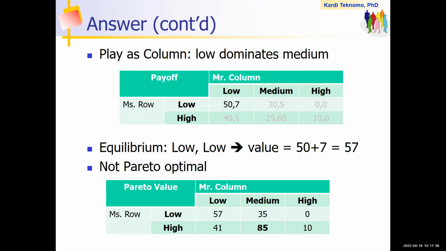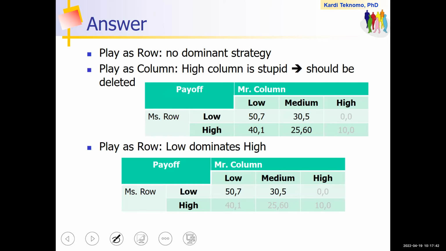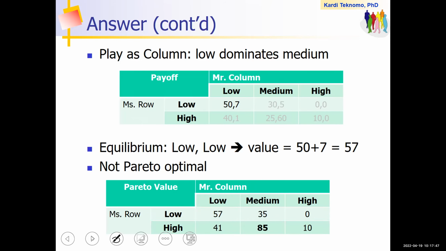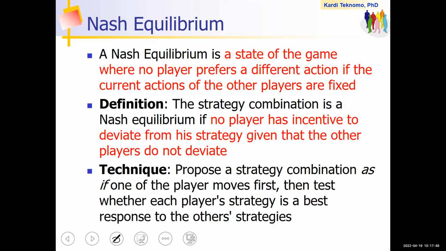Okay, so there is another type. If you cannot find domination, there is another technique which is very well known. You can see the movie Beautiful Mind, and John Nash got the Nobel Prize. So this is the name of the person, Nash.